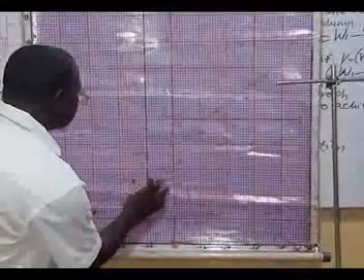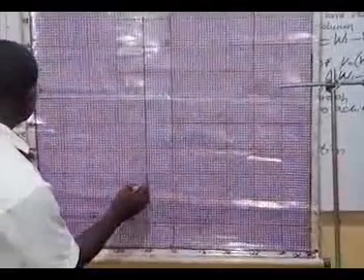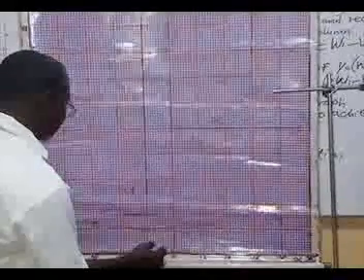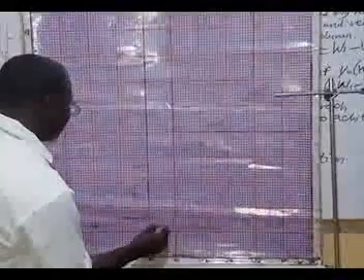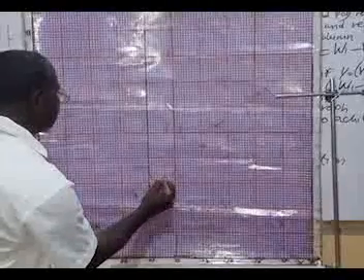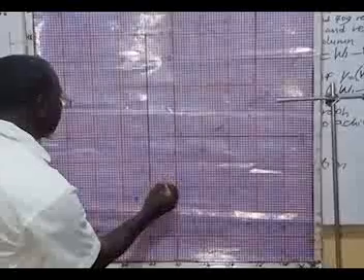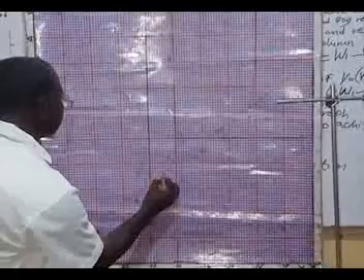Sorry. 0.07 against 0.09. 1, 2, 3, 4, 5. You trace it up until you get to 0.07. So it will be here.